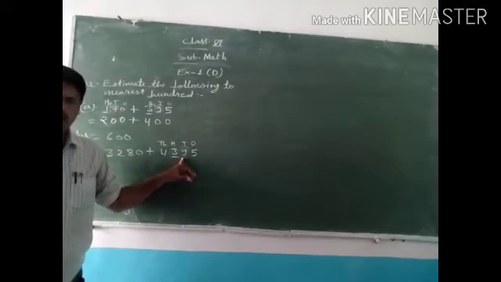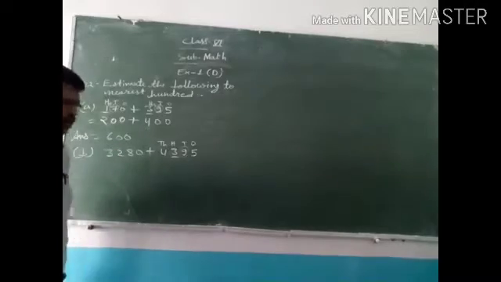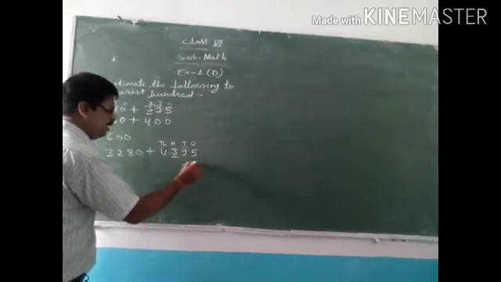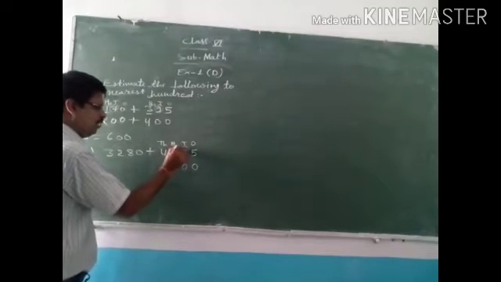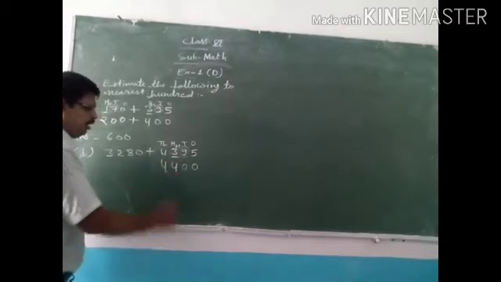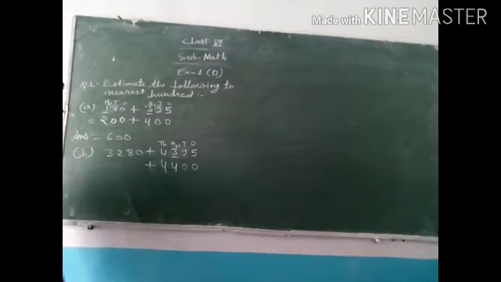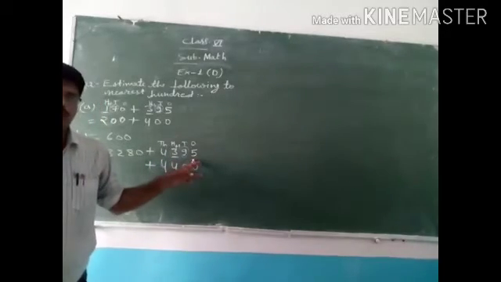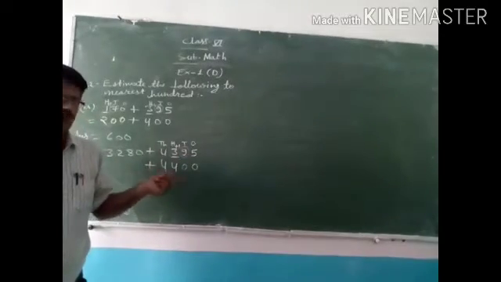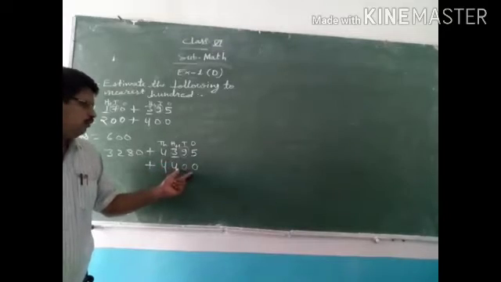What is at the tens place? 9. It is greater than 5, so it will become 0. It will also become 0, and here we will add plus 1. So 3 plus 1 is 4, and the 4 stays the same as it is. So 4395 comes in between 4300 and 4400. So it is nearest to 4400.